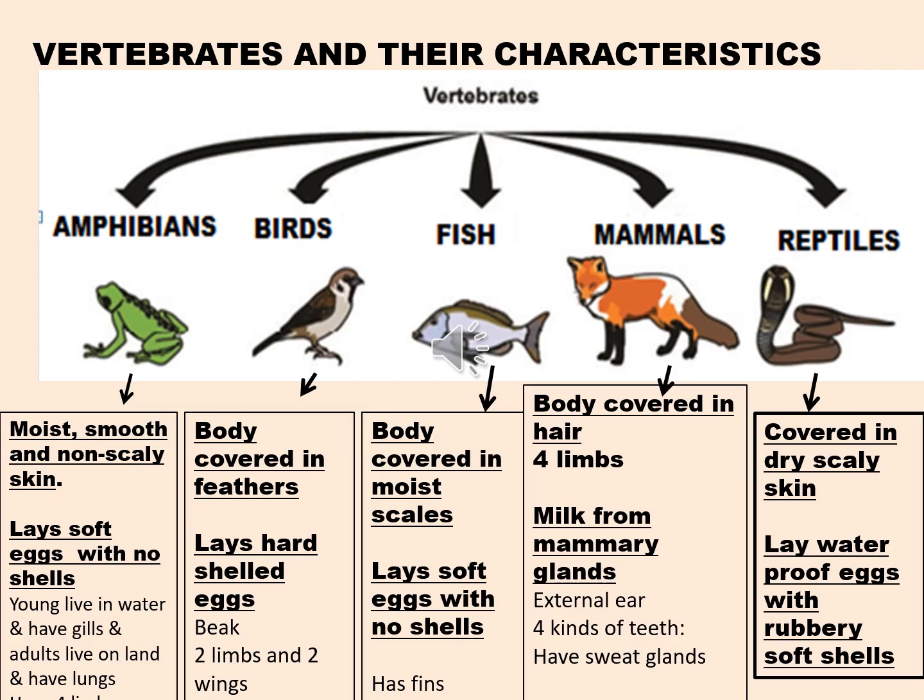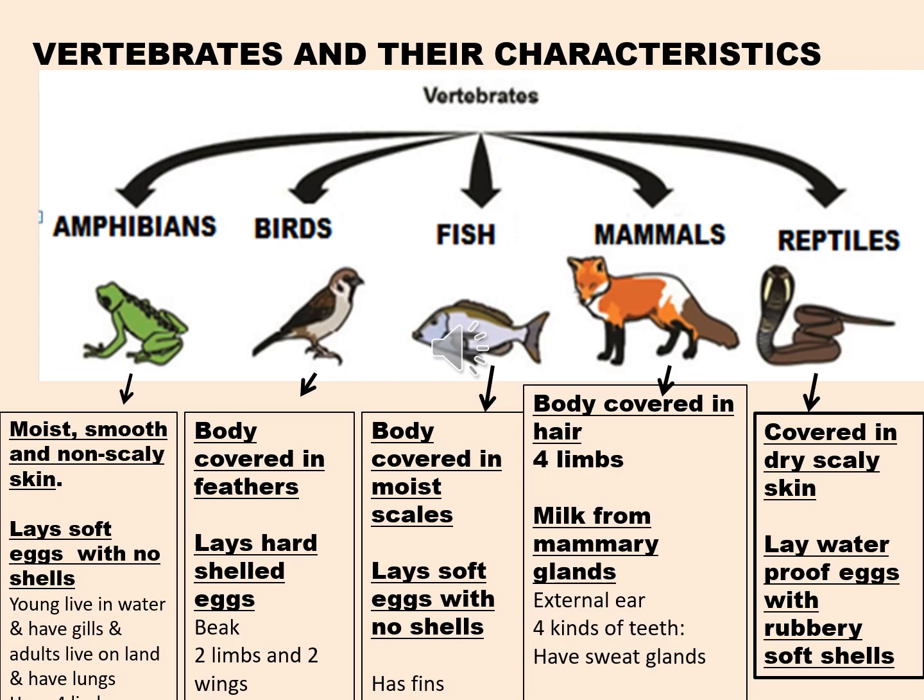Then mammals, the main thing is the body is covered in hair or fur. Reptiles have dry, scaly skin. Their skin is dry and there are scales. So that is the first distinguishing feature.